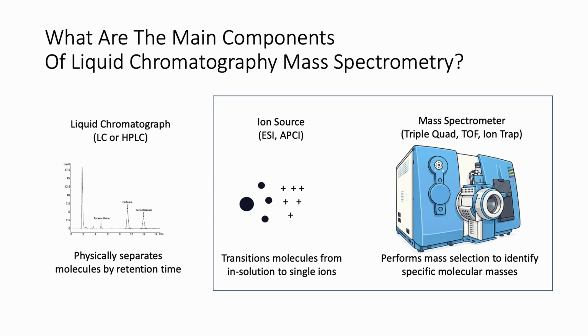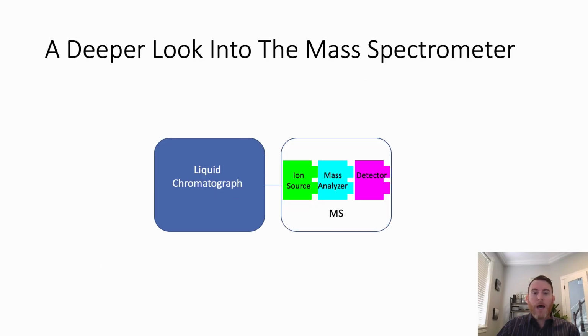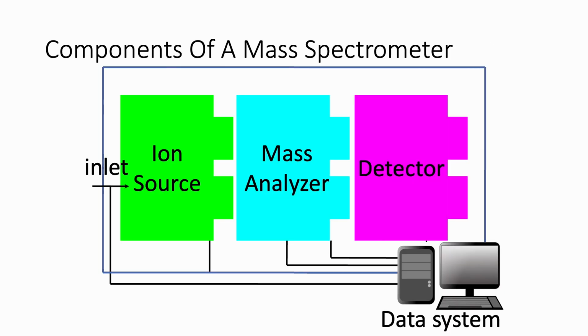And so this is where we really talk about mass spectrometry as a technology. And usually the ion source is connected into the mass spectrometer itself. And when we pop open the hood of a mass spectrometer, this is usually what it looks like. Again, you have your ion source, you have your mass analyzer, and your detector. And we'll talk about each one of these specifically.